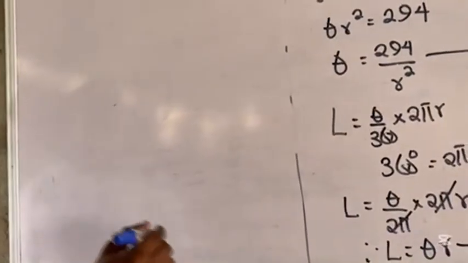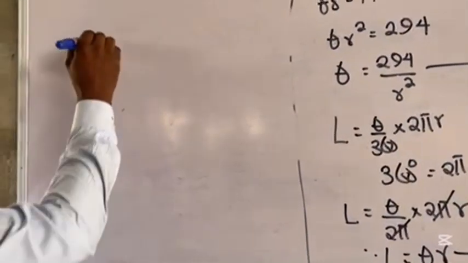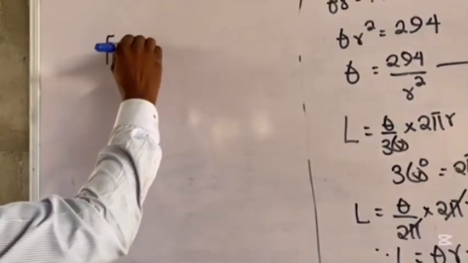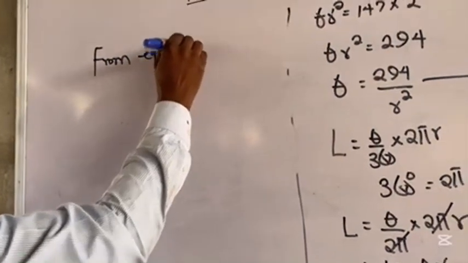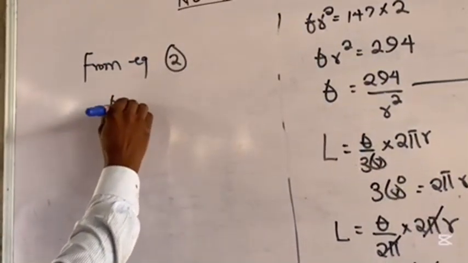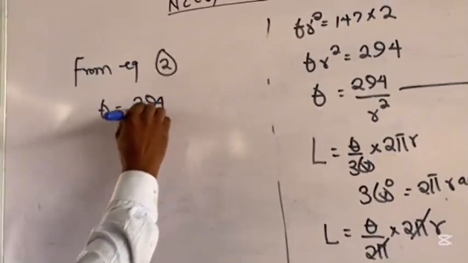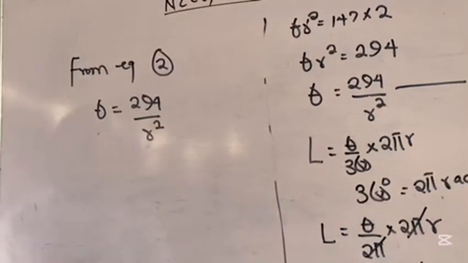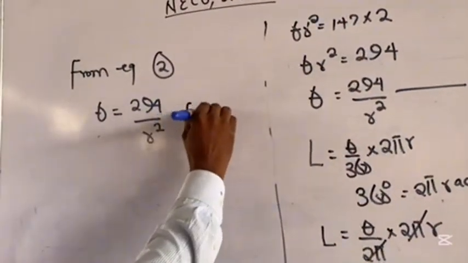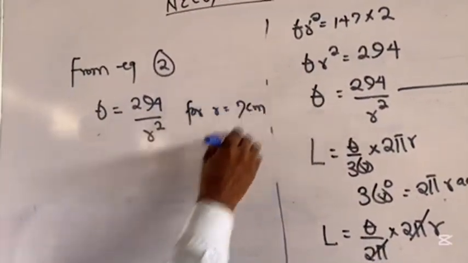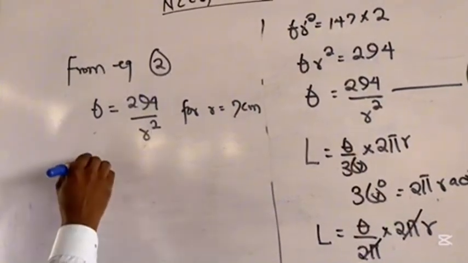And theta. We've got the radius already. From equation 2, we have that theta equals 294 over r squared. So for r equals 7 cm, let's substitute it in place of r.